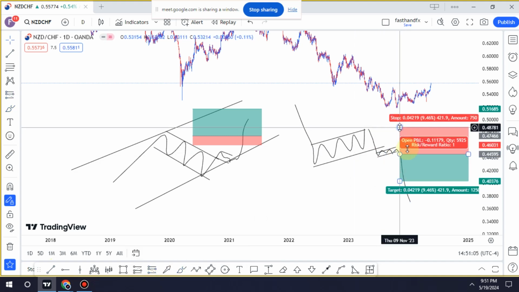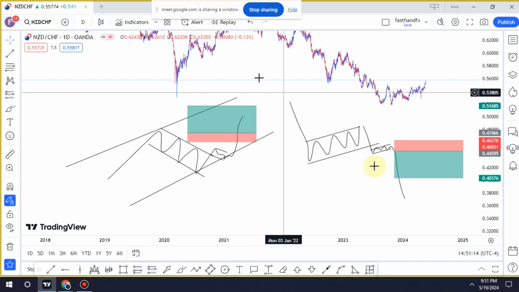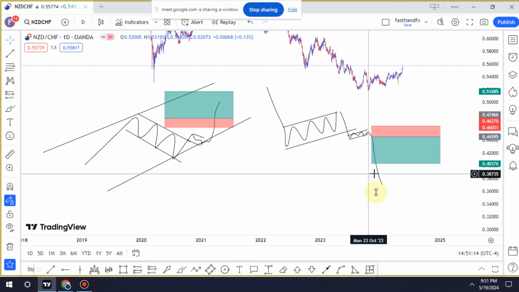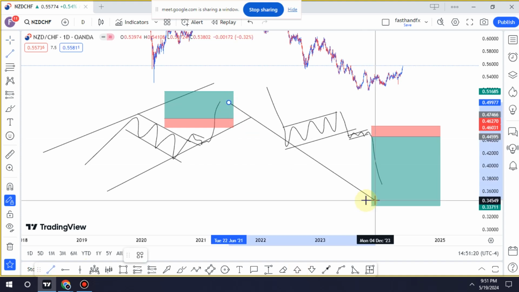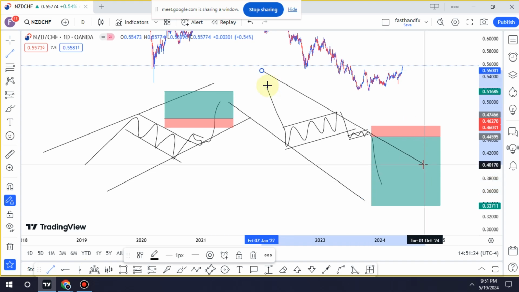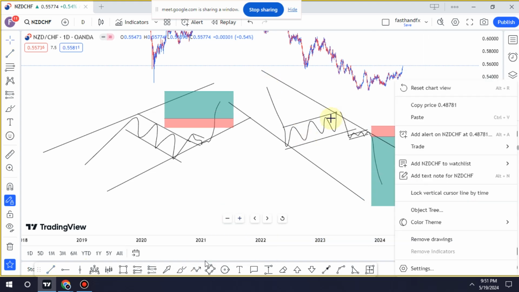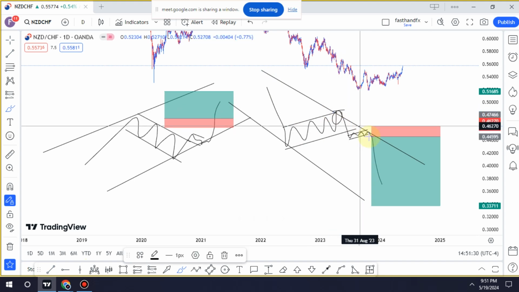And guess what, don't have your stop loss above where price reversed from. Have your stop loss above the smaller bearish flag. And make sure that you take your sell position only when price hits this resistance level.